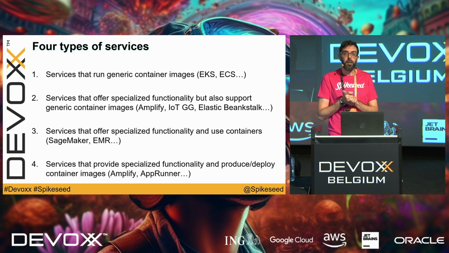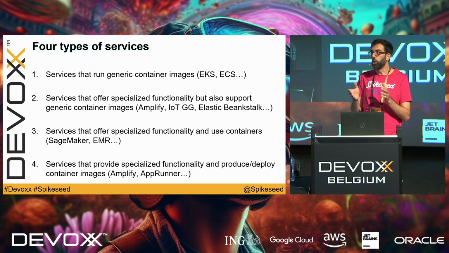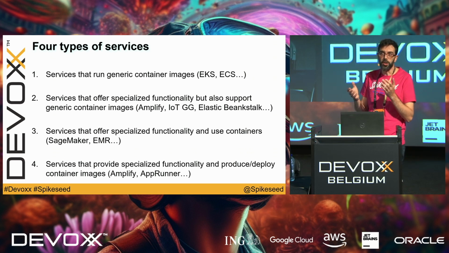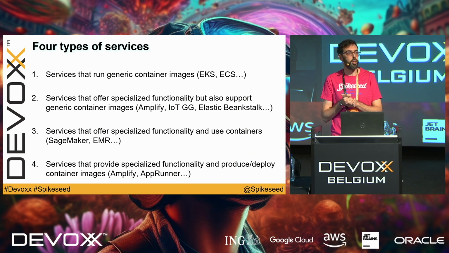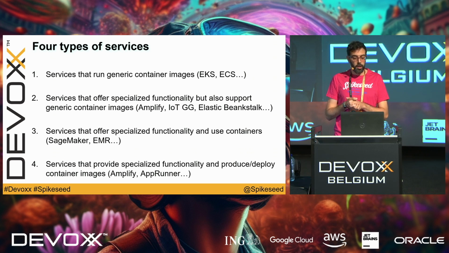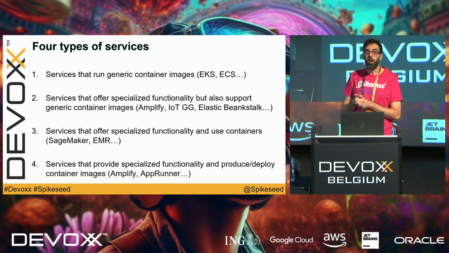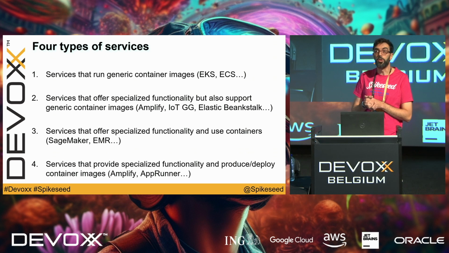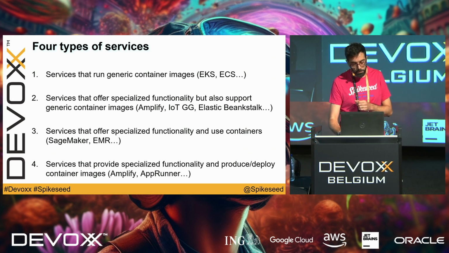There are some services that are highly specialized in doing a specific job, like SageMaker and EMR, that we'll see later on. They also use containers, a bit less relevant for the session of today, but for the sake of completeness, we added them here. And then there are services that provide specialized functionality, but can also produce and deploy container images.